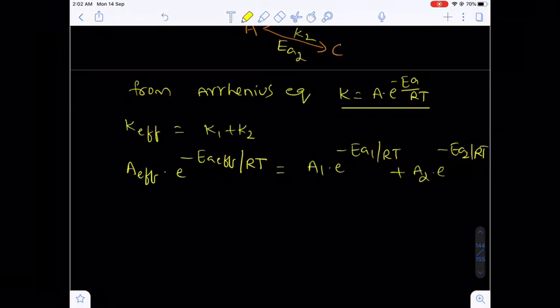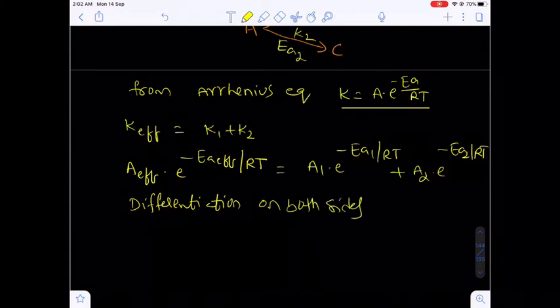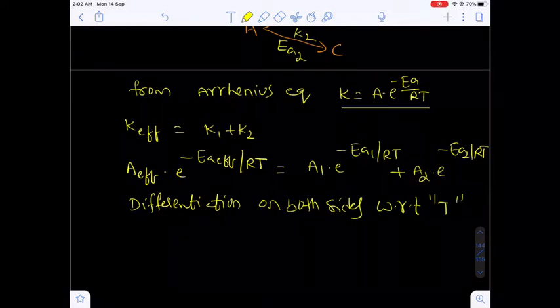Now what I am doing here is differentiating on both sides with respect to temperature.